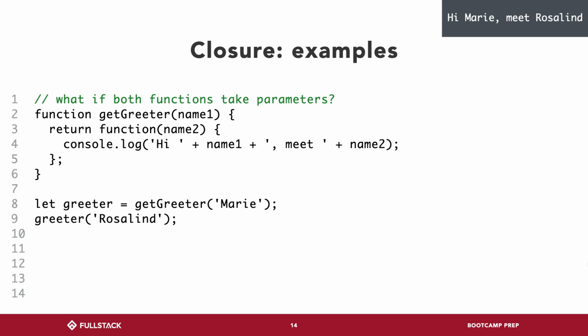On line 8, when you say let greeter, what does greeter equal at that particular point? Before we call greeter, here, greeter is going to be equal to this function, with Mary passed in as name1. It's not yet, don't even think about that. It's just equal to this function.